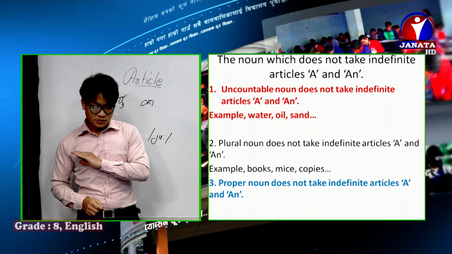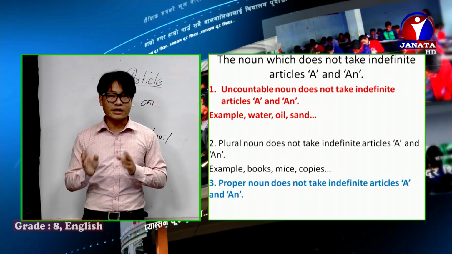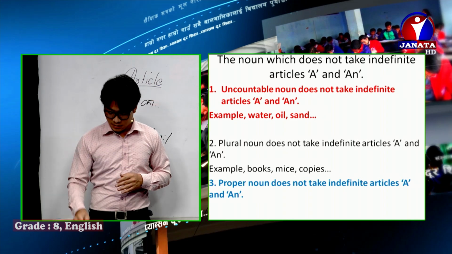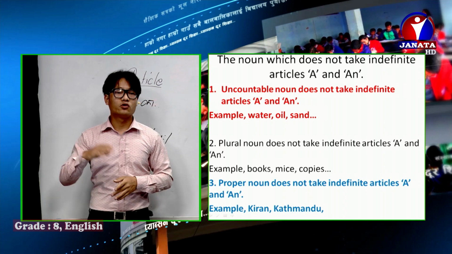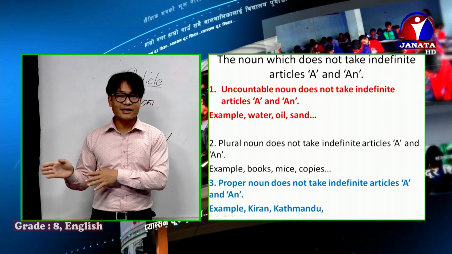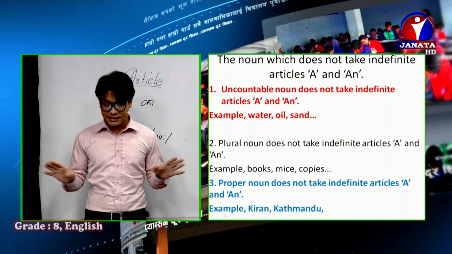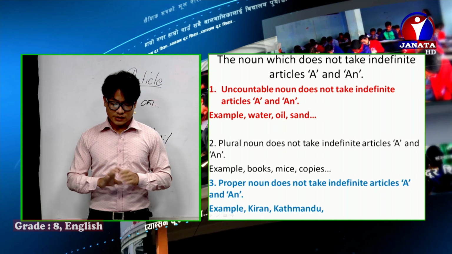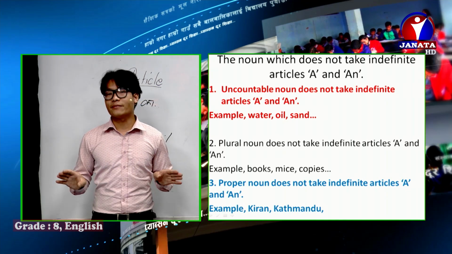Proper nouns do not take indefinite articles. A proper noun refers to the name of an individual. Examples are here: Kiran, Kathmandu, Tom, Sarala. These are proper nouns, and proper nouns do not take indefinite articles. So these are the nouns which do not take indefinite articles.